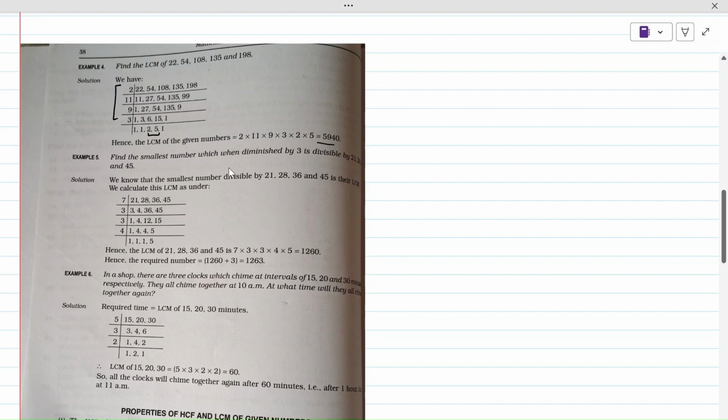Find the smallest number which when diminished by 3 is divisible by 21, 28, 36 and 45. Okay. So what they are saying is we have to find a number.